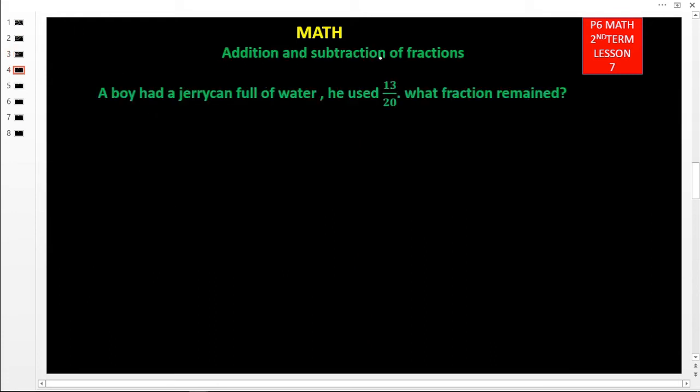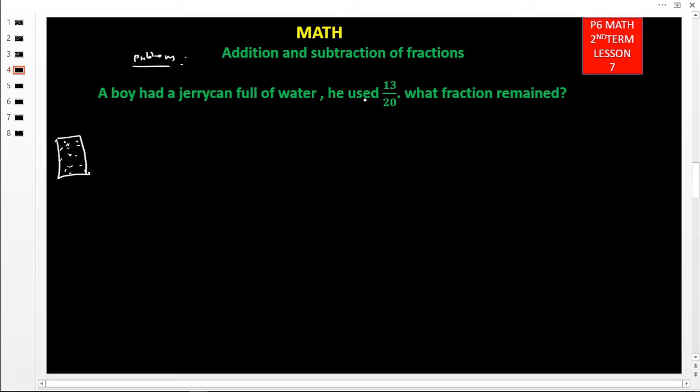Another example here is a word problem. A problem in the form of words is not direct, so here we need to read and understand the statement. This one is saying a boy had a jelly can full of water. So a boy had his jelly can, and this jelly can was full of water. This is the water inside the jelly can, let us assume.